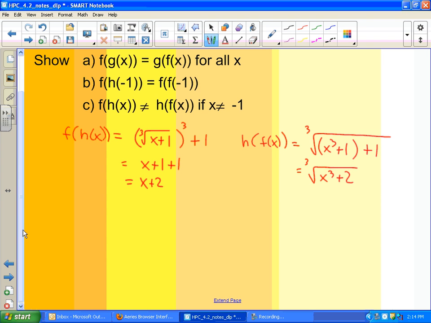So if they were, then we would get that x plus 2 was equal to the cube root of x cubed plus 2.